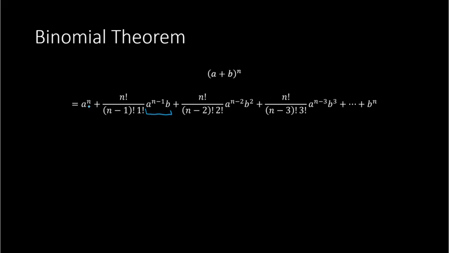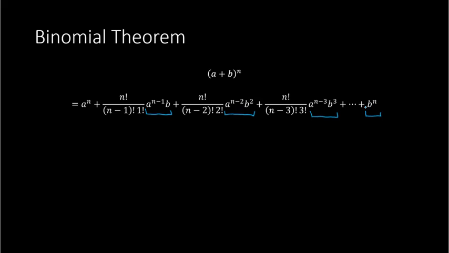So whatever the first one was, the second term will have an exponent 1 less than that. That's where the n minus 1 comes from. And then if you look here at the variables, the exponent again with a would be now n minus 2. And then in the third term n minus 3, etc., until we get to the end where there's no a's. So a to the 0 power, which would just be 1, which is not needed to be stated.